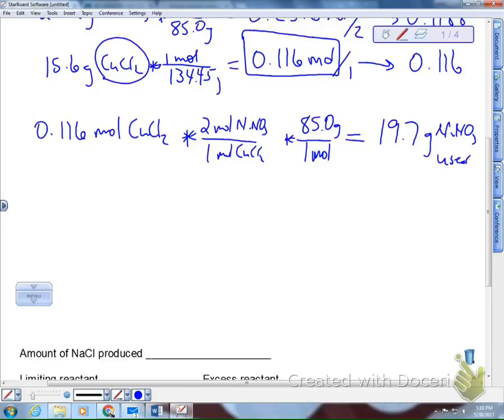I know in pre-AP it takes a while for students to go, okay, I realize this is not my excess, this is how much of the excess reactant that we use. We have to understand that we start out with more than we need, in this case 20.2 grams, and we've just calculated that we're going to use up 19.7 of it, so the excess is 0.5 grams. And this will be excess NaNO3.